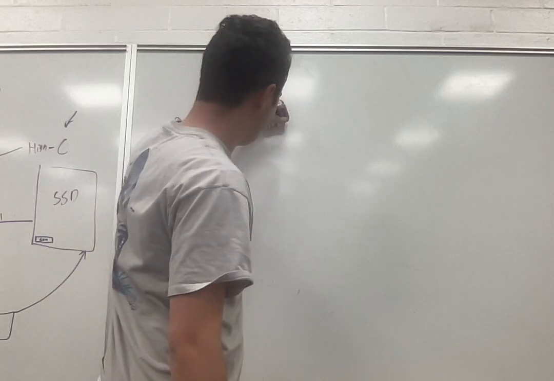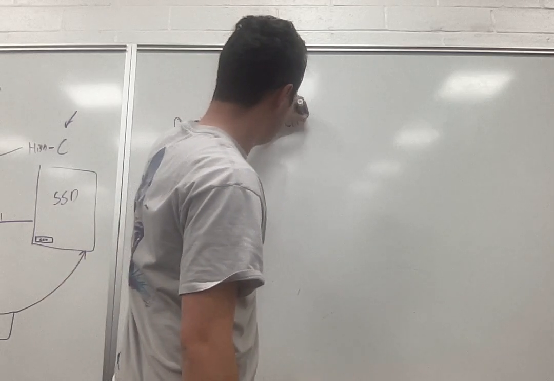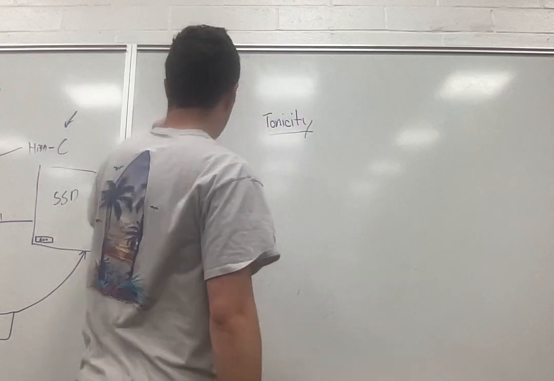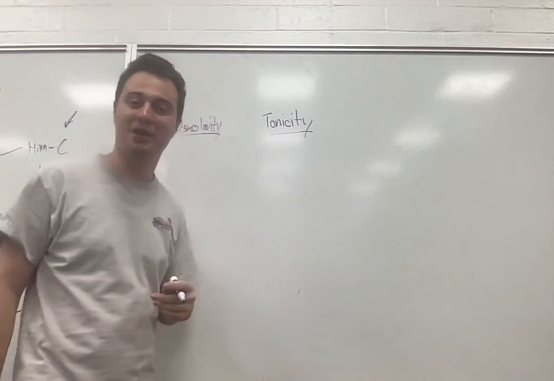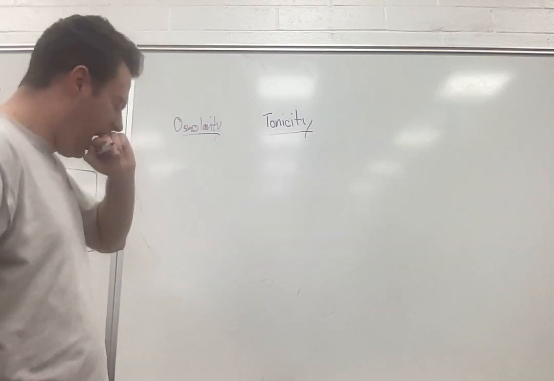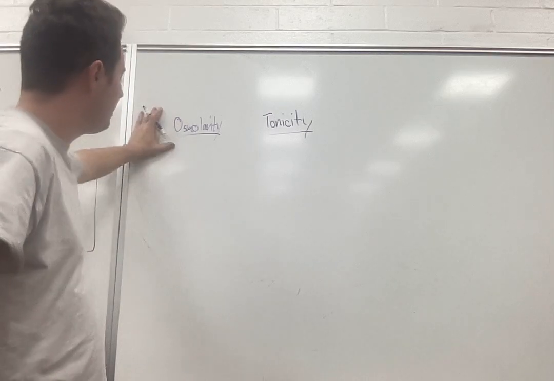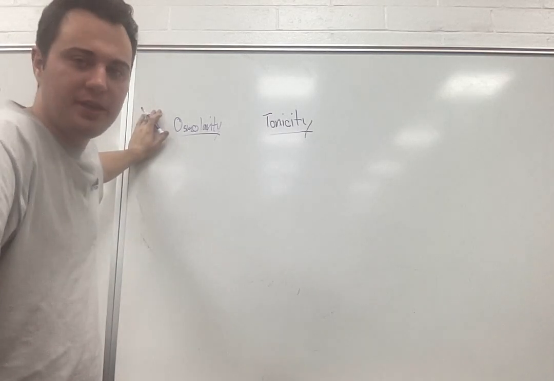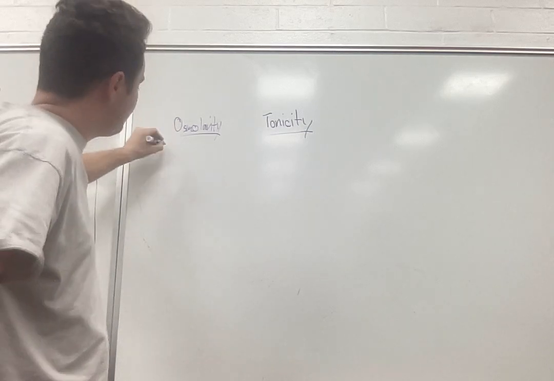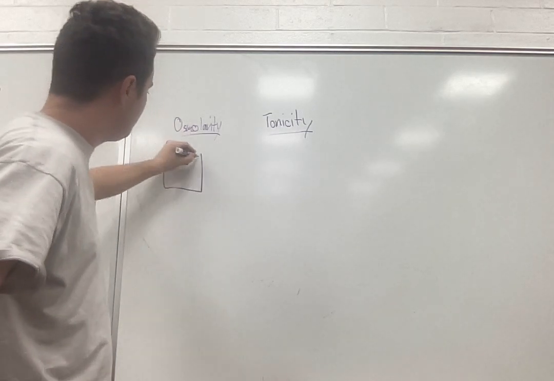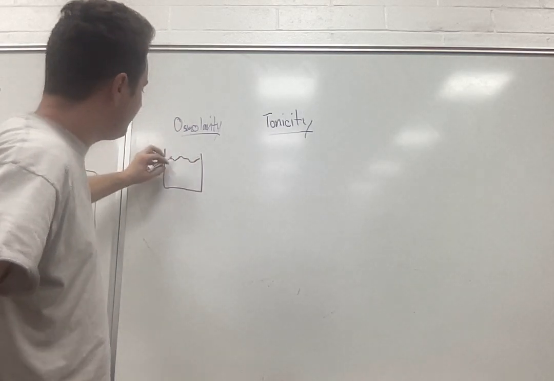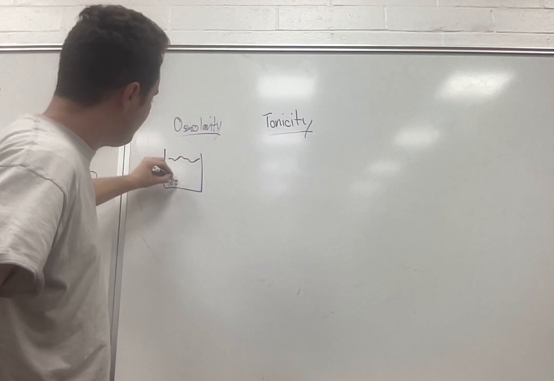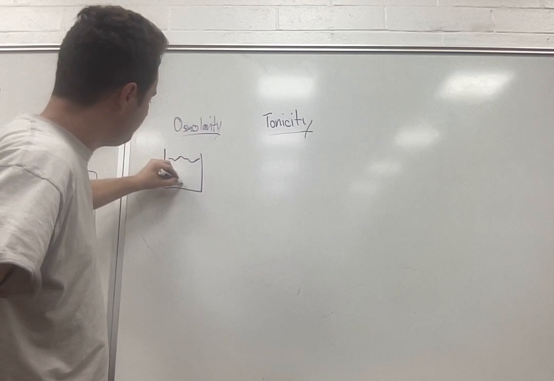So let's run through a few basic principles of osmolarity and tonicity as well. Osmolarity is just the numbers, right? It's just what is. Let's say we have our cup of water. Let's say it's 300 milliosmoles or whatever.